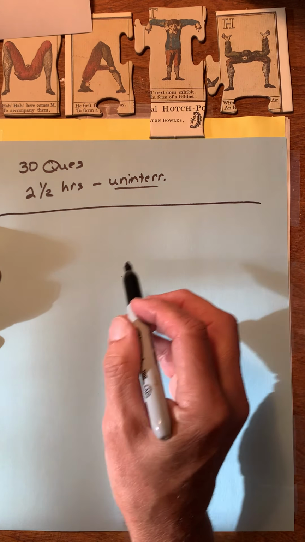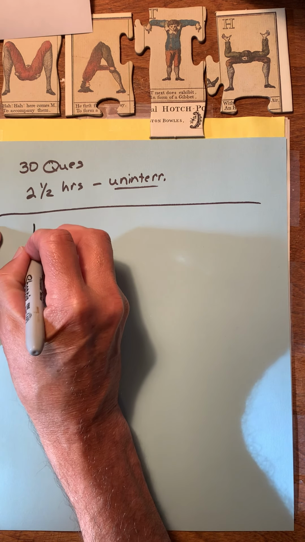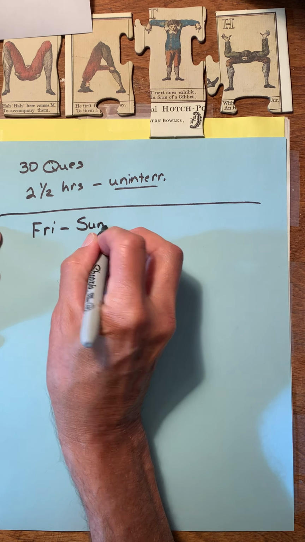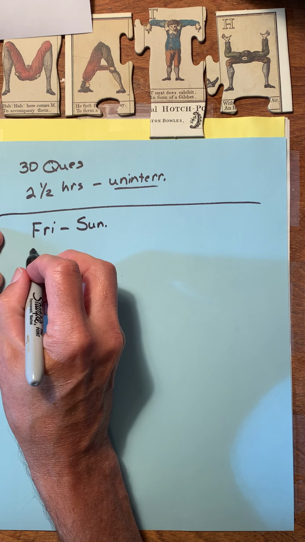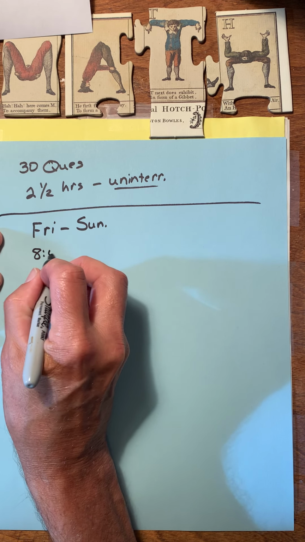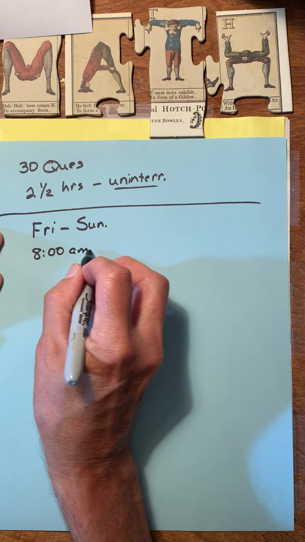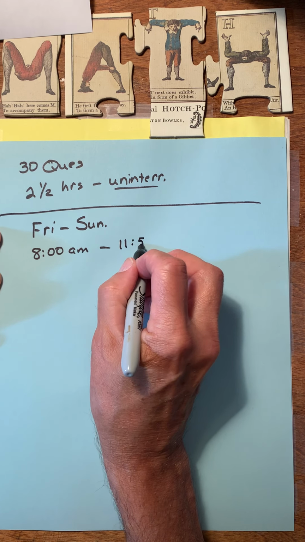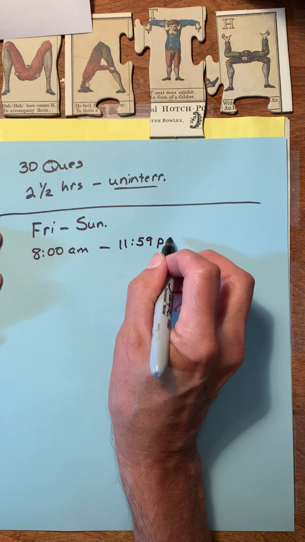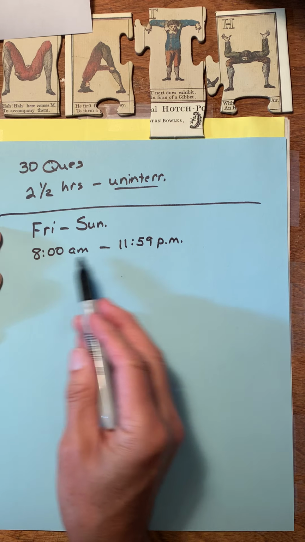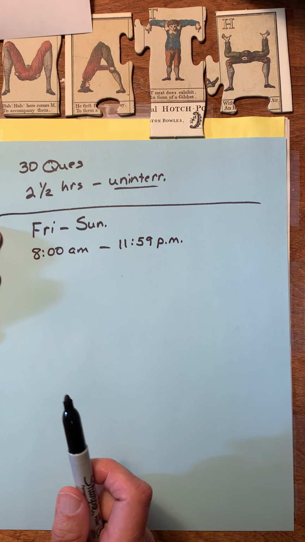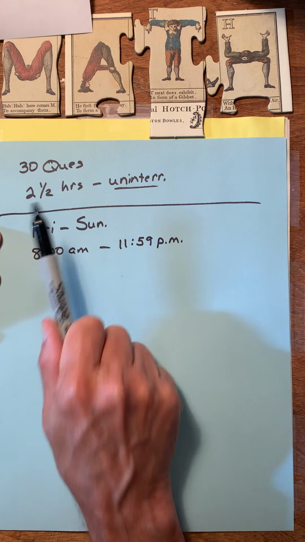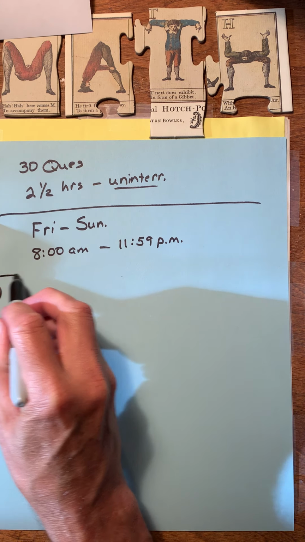It will be available from Friday through Sunday, and that is Friday at 8 a.m. through Sunday at midnight, basically 11:59 p.m. So you have basically 2.5 full days to accomplish this, and 2.5 hours to do it.